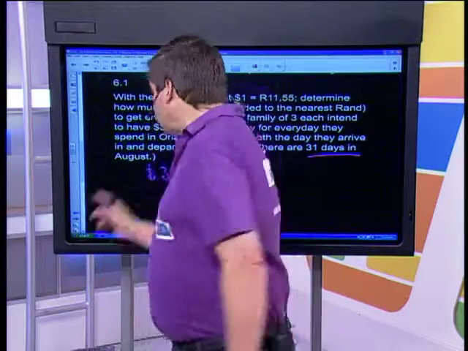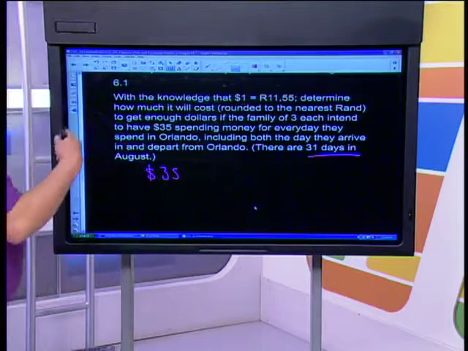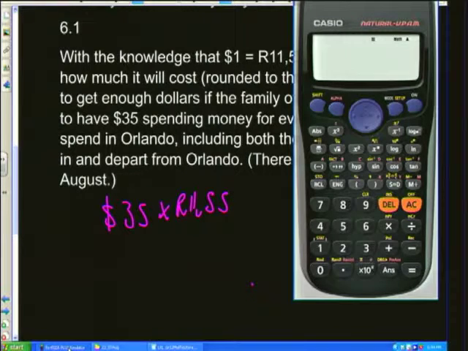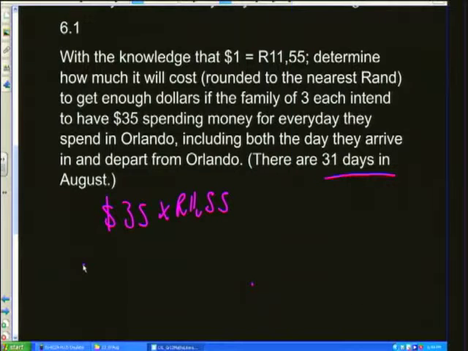So, we've got $35. We know that each dollar is worth 11 Rand and 55 cents. Agreed? So, how many dollars does one person need a day? So, $35, what's that in rands? 35 times 11.55 equals, and we work it out to 404 Rand 25 cents.